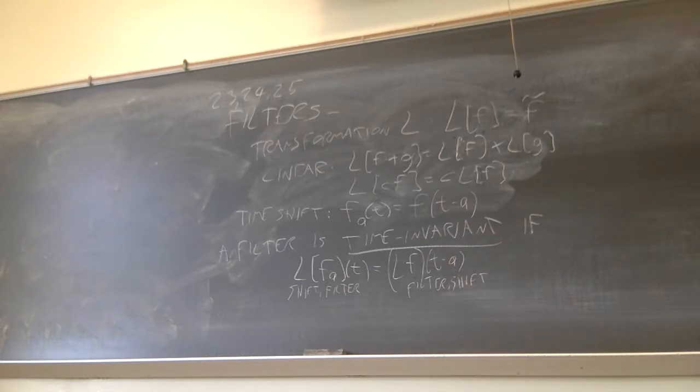And that's very important because, can you imagine, suppose your signal is some audio signal, let's say you're listening to someone's voice. You want the filter to act in the same way on different portions of a recording.